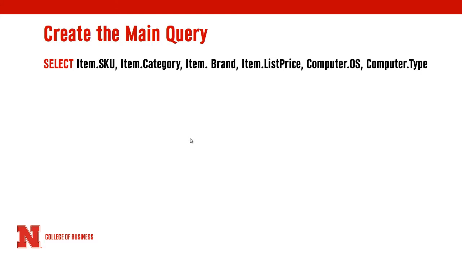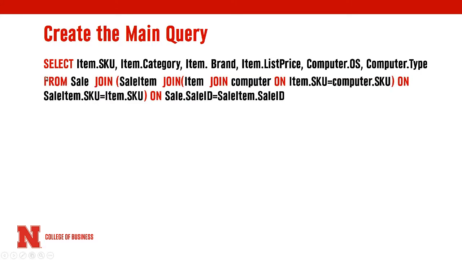So in addition to the previous three tables, in the main query we need the computer table as well, to return some basic information about the items, which are the computers sold through those days. And then in the from clause, we add the computer table to the join. So sale, sale item, item, and computer are the tables that are joined.